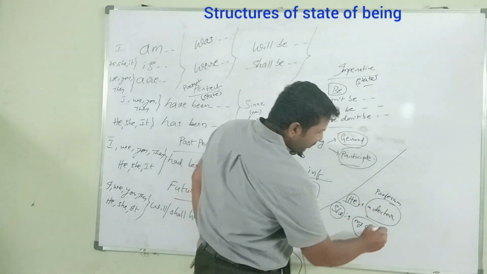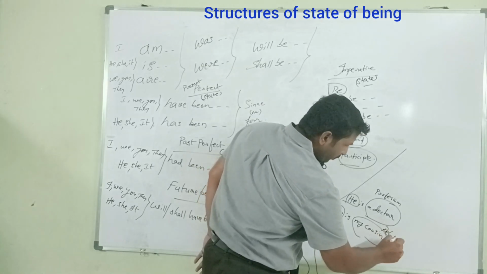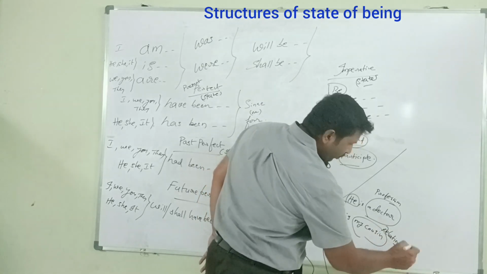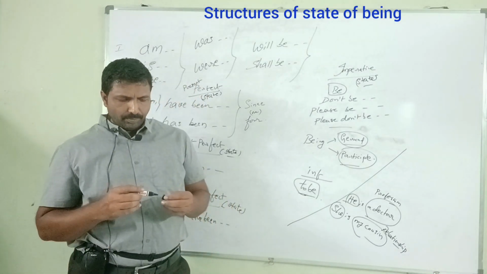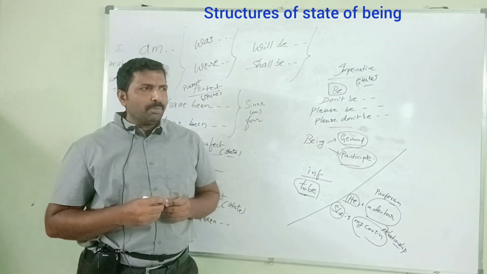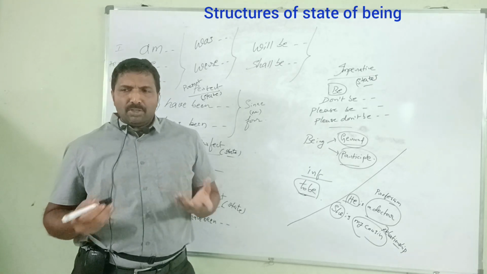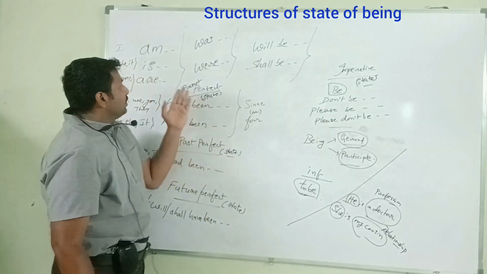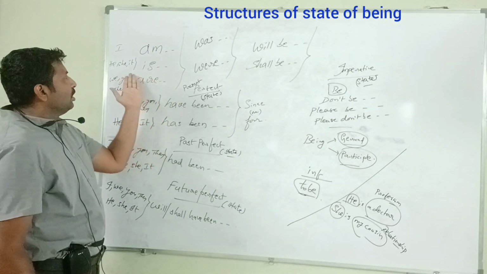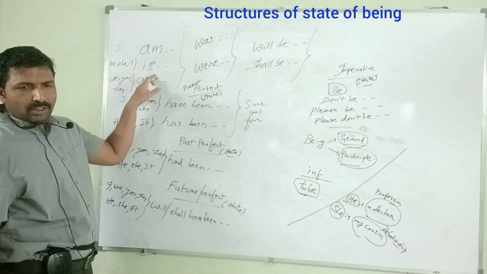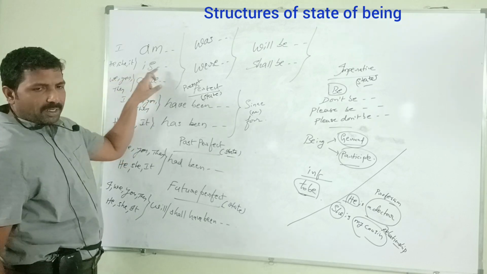Profession is expressed. Relationship is also expressed. See, it will be social relationship, otherwise blood relationship. Here we will say, she is my cousin. Otherwise, he is my neighbor. Clear? He is my neighbor.